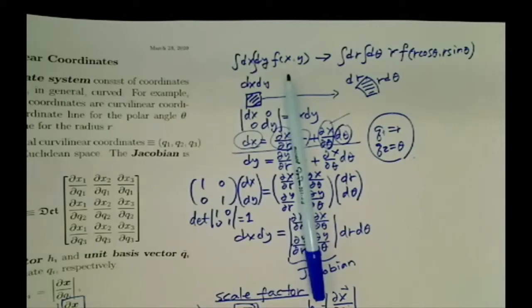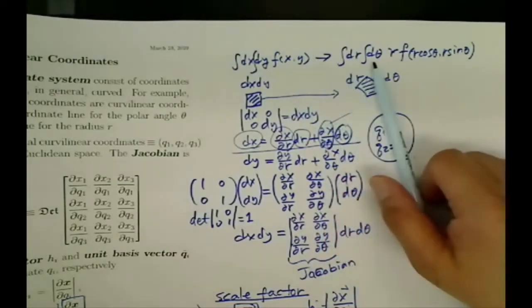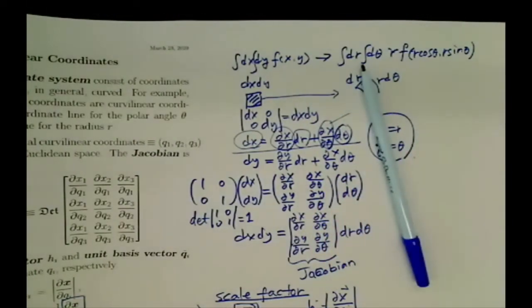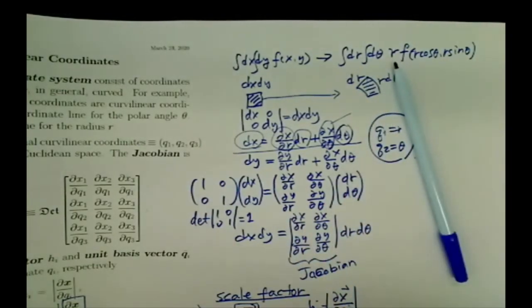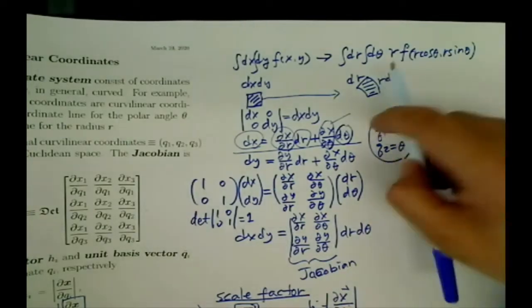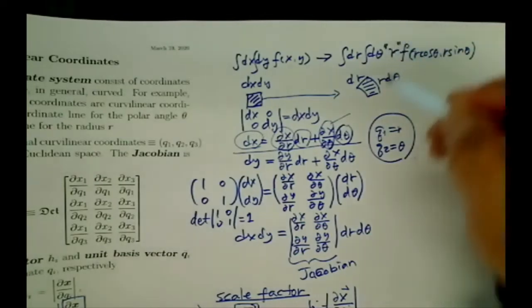As you know, the result is an integral over dr and d theta, and after substituting x and y with r cosine theta and r sine theta, we have an additional factor r here. This factor is called the Jacobian.